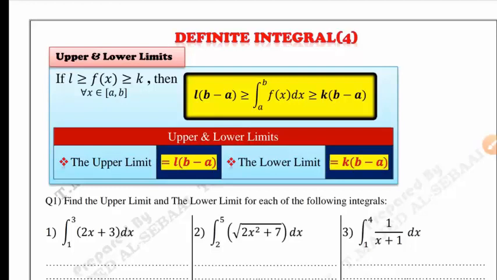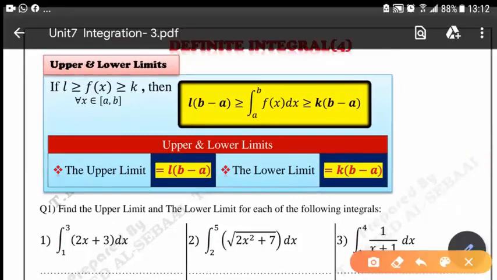It says here, if the function is bounded between two numbers, L and K, f of x is less than L, more than K, of course for every x belongs to [a, b].